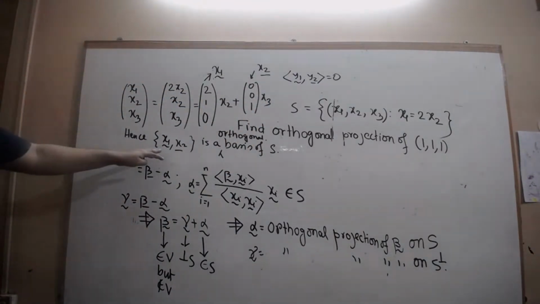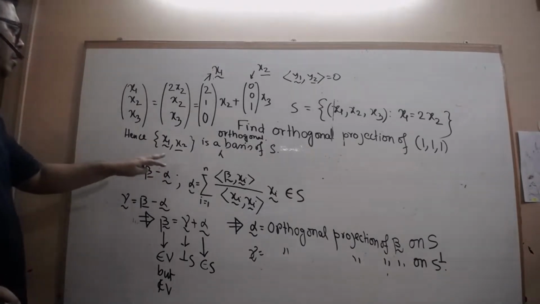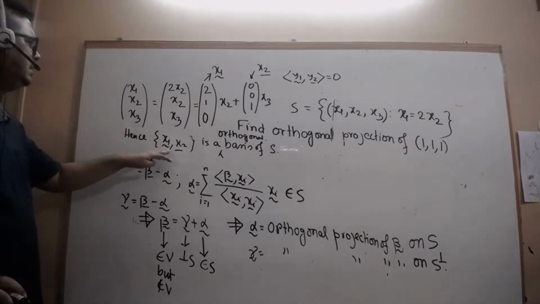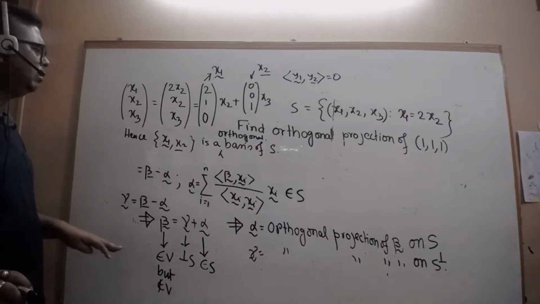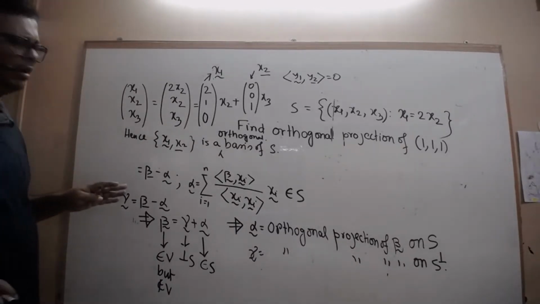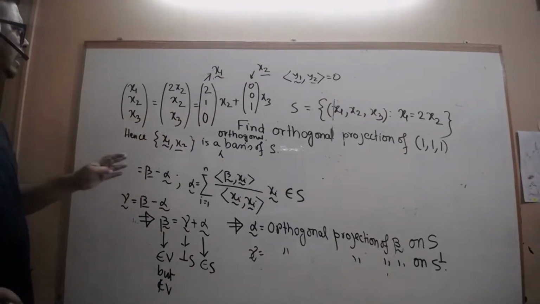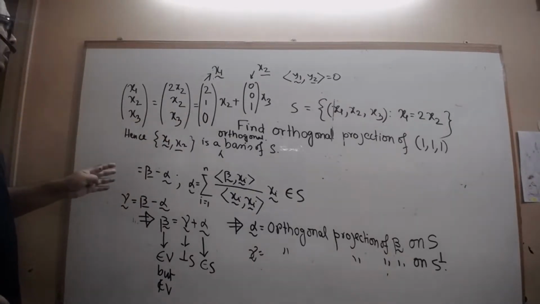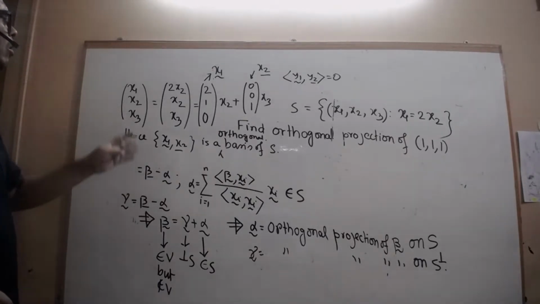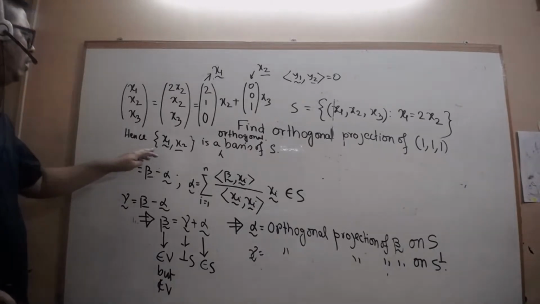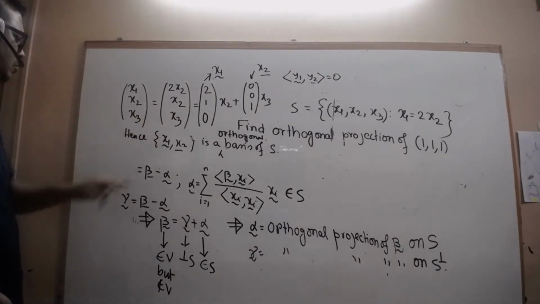If these two vectors were not an orthogonal basis, then you would need to convert this basis to an orthogonal basis using Gram-Schmidt orthogonalization. But here we are lucky that these vectors are not only independent and generate the space, they are also orthogonal to each other. Hence, this is the orthogonal basis. So I denote these x1 curve, x2 curve.